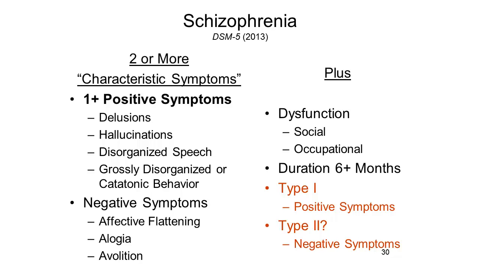What this means is that one patient with schizophrenia may have delusions and hallucinations, while another may have disorganized speech and flat affect, but both have schizophrenia. The modern diagnosis of schizophrenia also abandons the Bleulerian subtypes, such as hebephrenic and catatonic schizophrenia, in favor of a simpler distinction between type 1 schizophrenia, where positive symptoms dominate, and type 2 schizophrenia, dominated by negative symptoms.